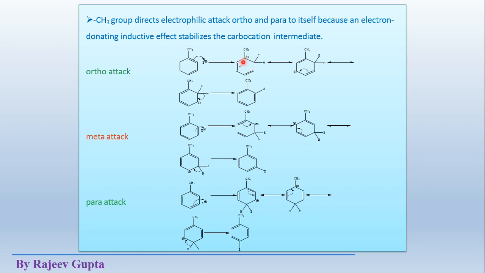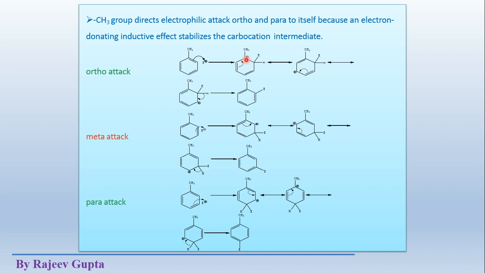See, in this resonating structure, this plus charge is present on this 3-degree carbon atom. See, this carbon atom is attached to 3 carbon atoms, so it is a 3-degree carbocation. This first resonating structure contains this 3-degree carbocation.